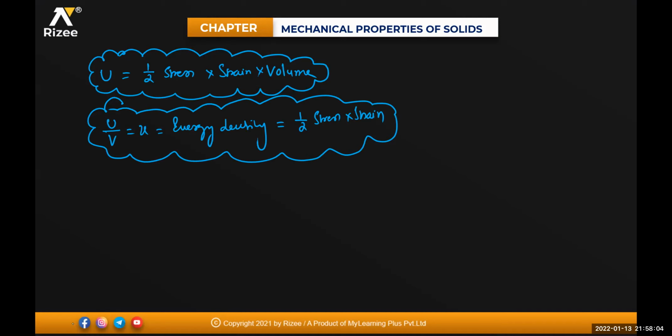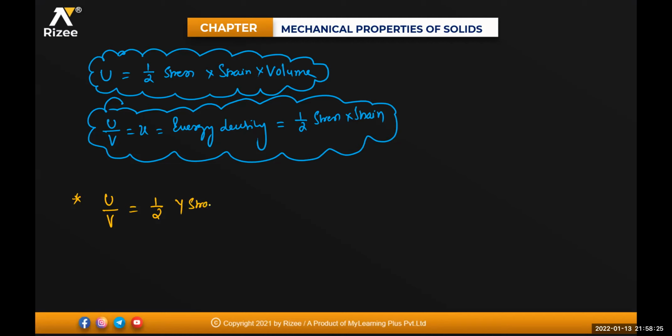Let's see the different forms of this one, how I'm writing. Give a star mark. u is equal to half into energy density per unit volume is equal to half into stress. Stress value can be written as what, beta?